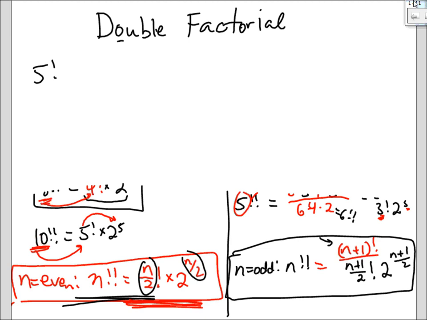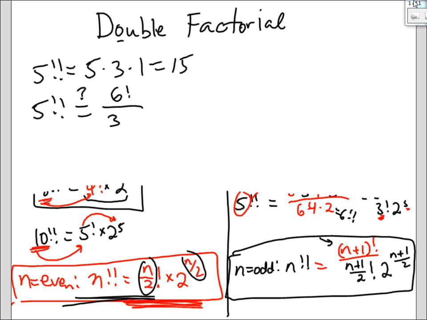So 5 double factorial is 5 times 3 times 1, which is 15. So since n is odd, we claim that this is going to be 1 more than n, and then half of that number factorial times 2 to that number.